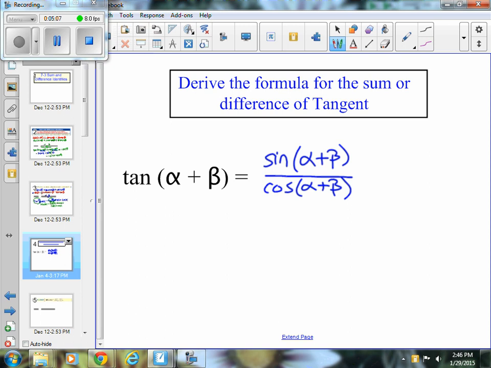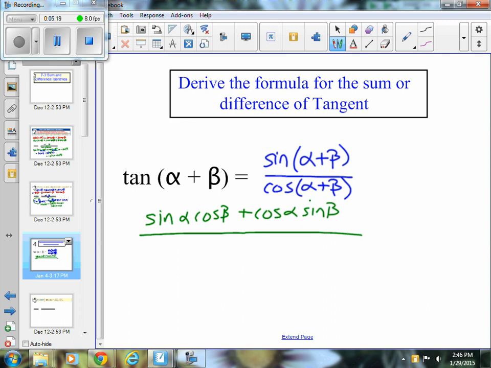So from the previous sheet, I'm going to write out the formula for what is sine of alpha plus beta. So that's sine of the first angle, cosine of the second, plus cosine of the first angle, sine of the second angle. I'm going to do the same thing on the bottom for cosine of alpha plus beta. That's cosine of the first, cosine of the second, minus sine of the first, sine of the second. So alpha and beta being the first and second.